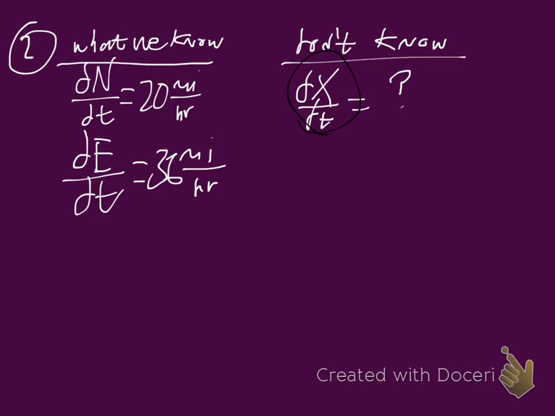That's the first step, relationship between distances. I want to make that distinction so you're not like, I don't know, I can't find a relationship between dx dt and dn dt.